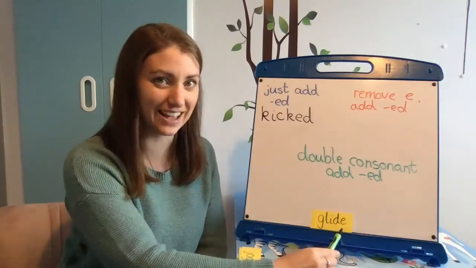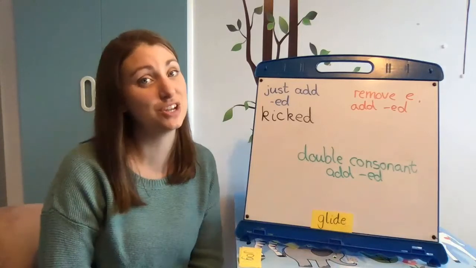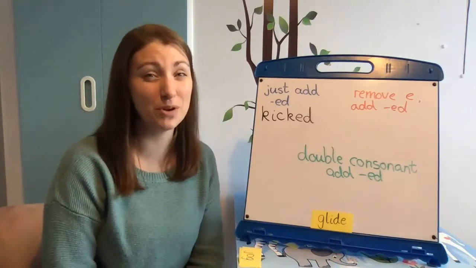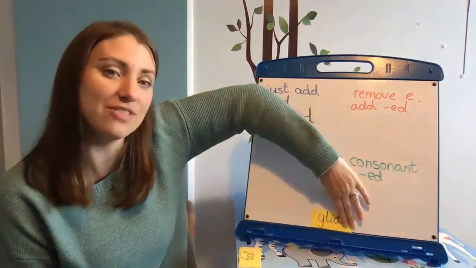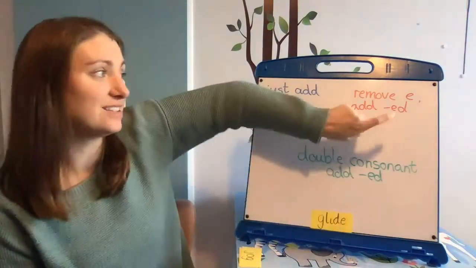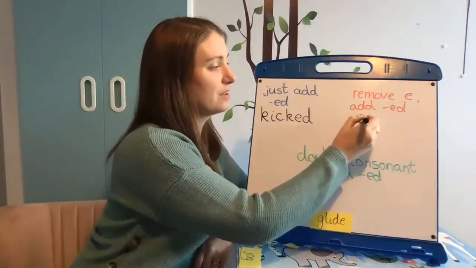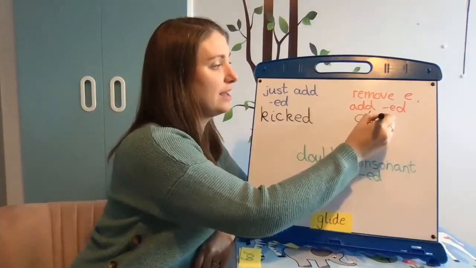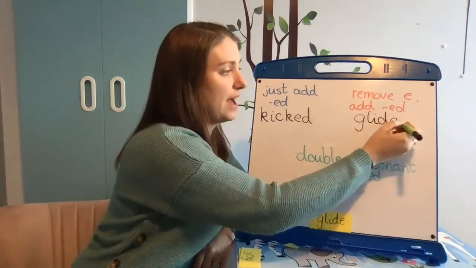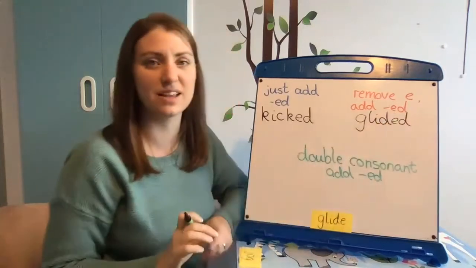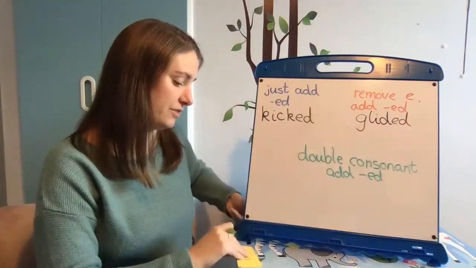What can you see? There's an E, which means what am I going to do? I need to remove it, don't I? I'm going to take off that E and then I'm going to add ed. So I already know exactly what's going to happen. I'm taking off the E and then I'm adding an ed. Okay, let's take that one off.